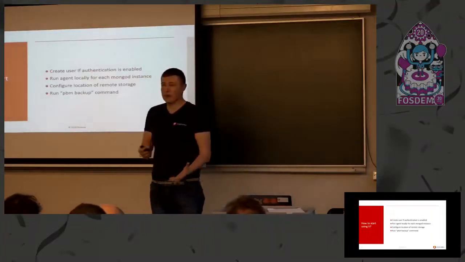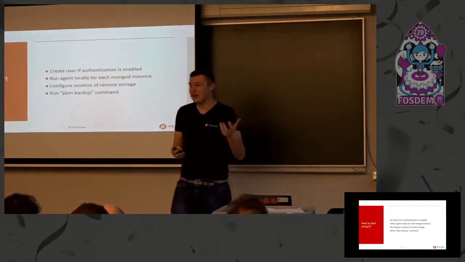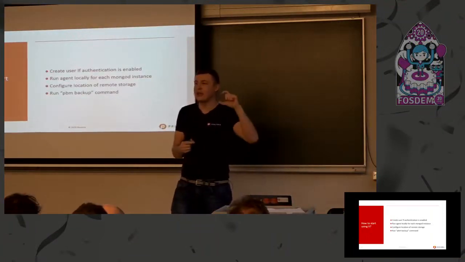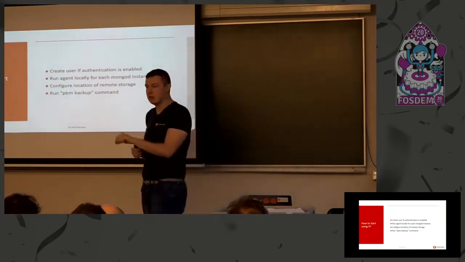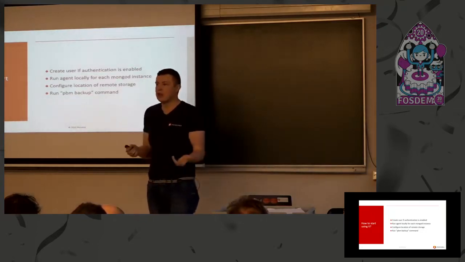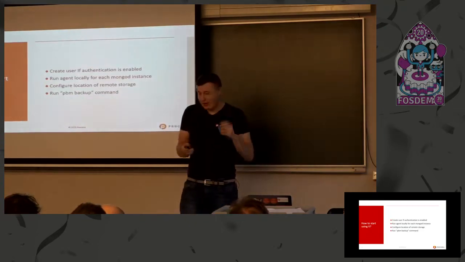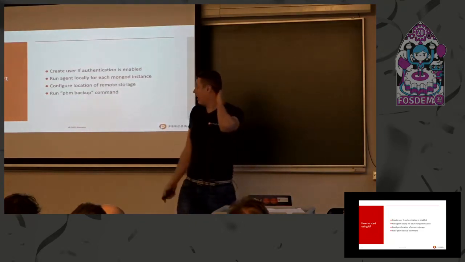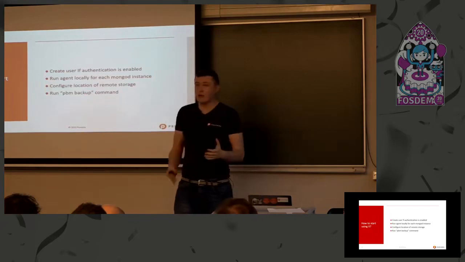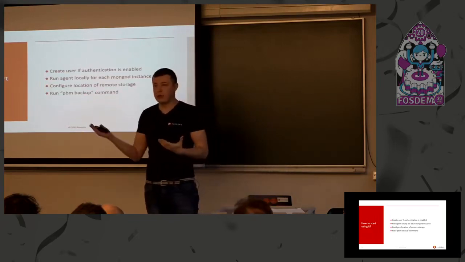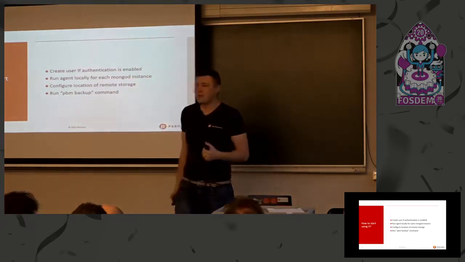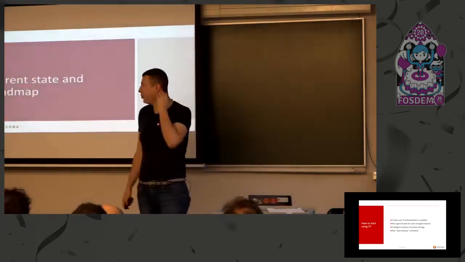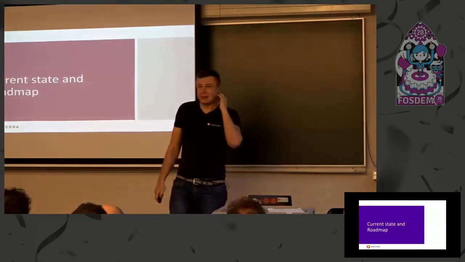After that, you run a PBM agent locally near each MongoDB process, including config servers, because config servers should also be backed up. After that, you configure remote storage, and you run PBM backup. Everything is simple.